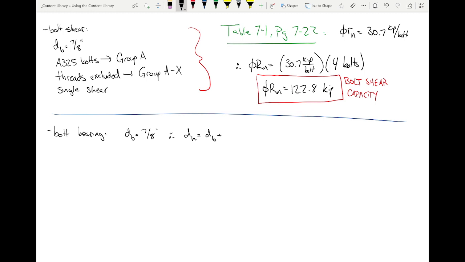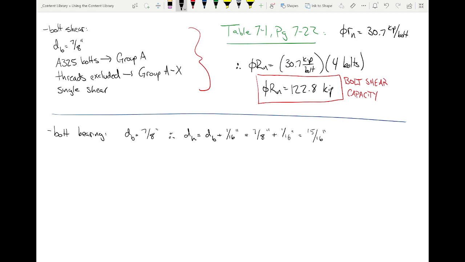You add a 16th, that's 100% correct. We're looking at the physical dimensions of the hole. Does that make sense?